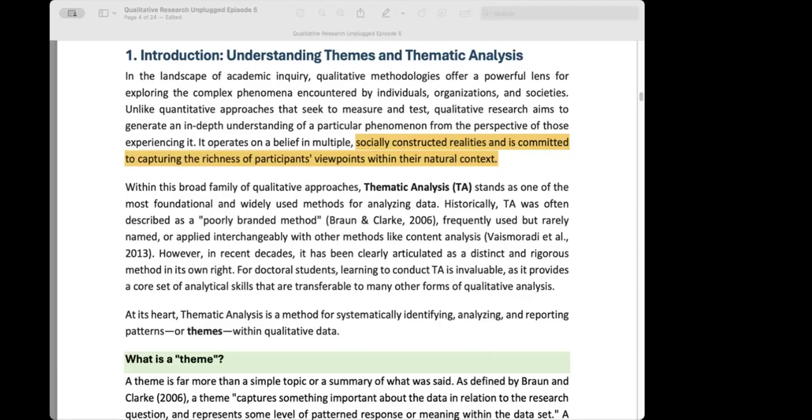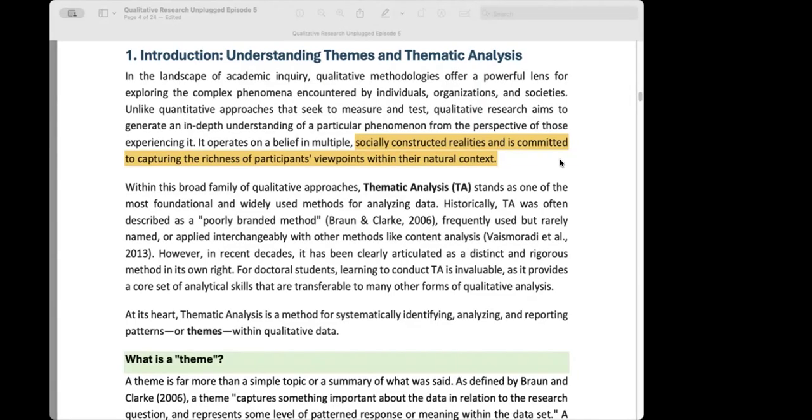Exactly. But in recent decades, thanks to much clearer articulation and really robust methodological development, people like Braun and Clarke have been instrumental here. TA has firmly established itself as a distinct and incredibly robust method in its own right. Good. It deserves its own recognition. It does. And for you, as doctoral students embarking on advanced qualitative methods at UGBS, this is particularly significant.